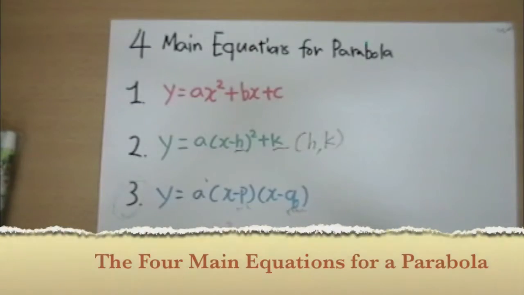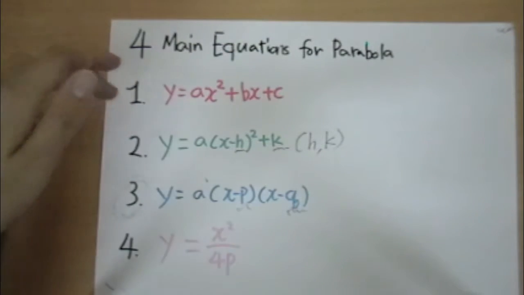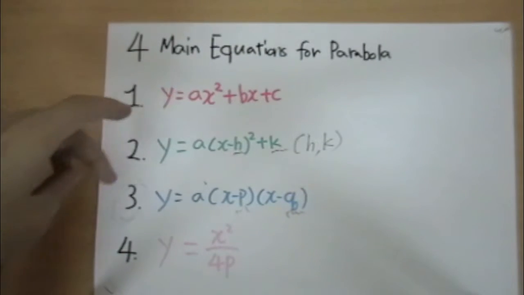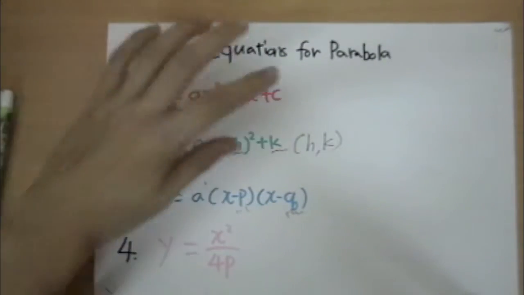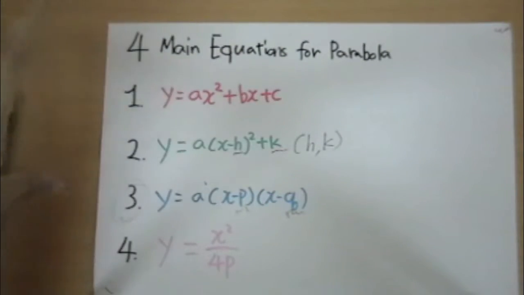Hello guys, here are the 4 main equations for a parabola. Basically, these 4 equations are used for parabolas. They have basically the same concept, but for different purposes, they're used in different ways.